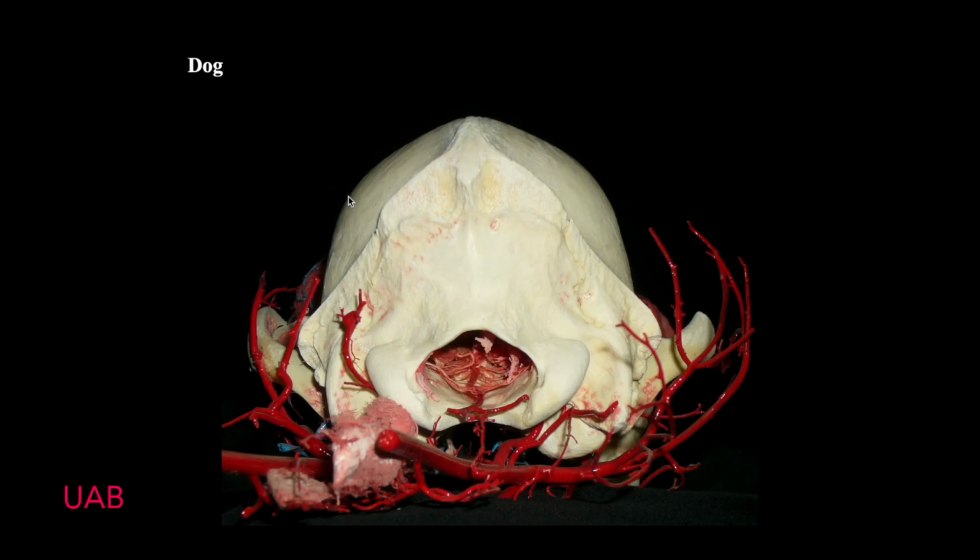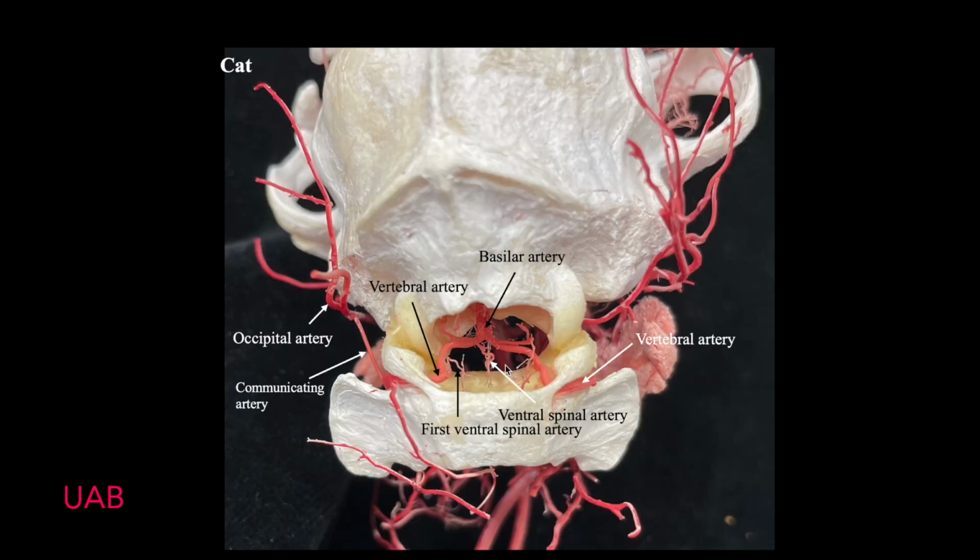Here you have a caudal vision of the cranium of a dog with the arteries. This is a corrosion cast and you can see the basilar artery there. In the cat, what you see is the basilar artery as well, through the foramen magnum. This is the atlas.